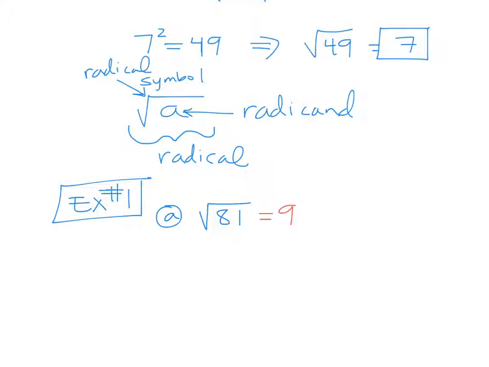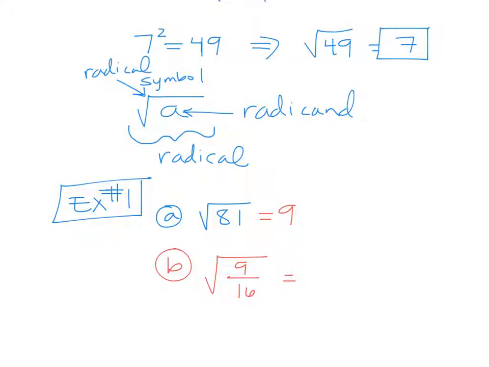Then we get a little fancier and we do the square root of a fraction. The square root of 9 over 16. Do you know how to figure that out? 3 and 4, right? Rather than think of it as 9/16 and having to think what times itself is 9/16, it's a little easier if you just think what is the square root of the top number, the numerator, and what is the square root of the bottom number, your denominator.